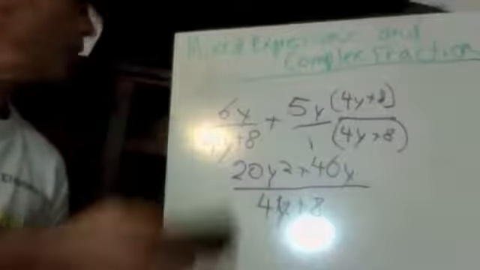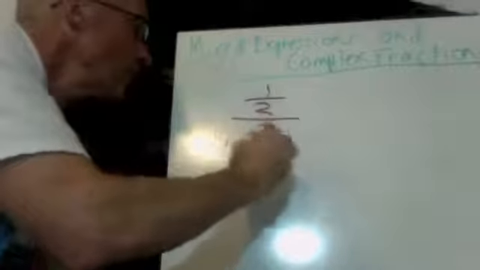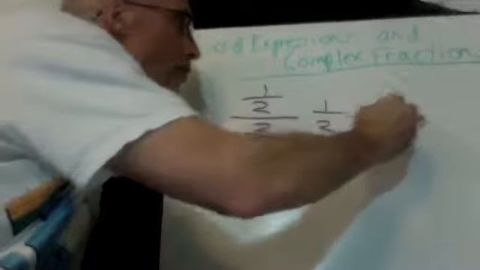Now, let's talk about complex fractions. That shouldn't scare you either. That's just like if they wrote it 1/2 divided by 2/3. Well, that's no big deal. Just because they write it like that, don't let it freak you out. It's just a divided by sign. So if you wrote it this way, you would know what to do. 1/2 divided by 2/3.